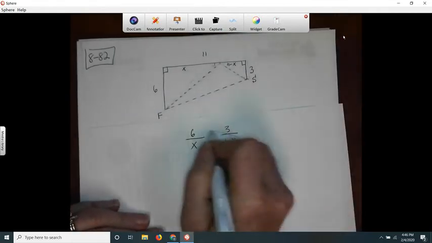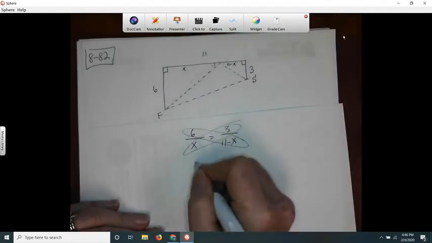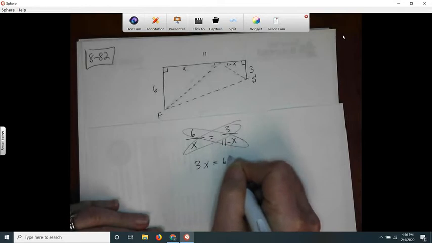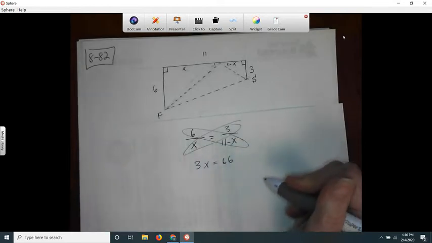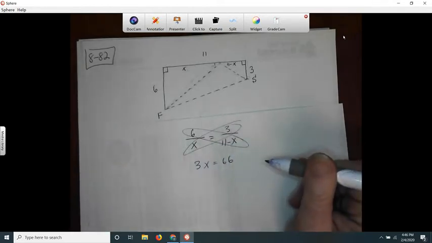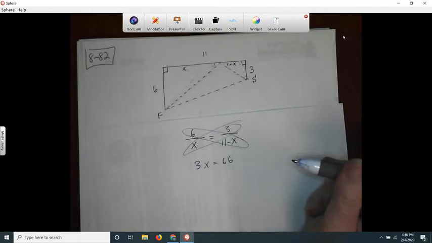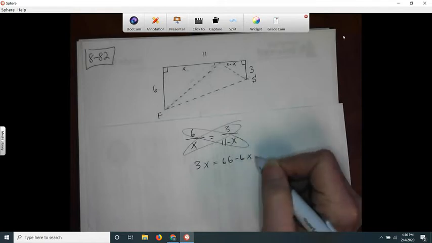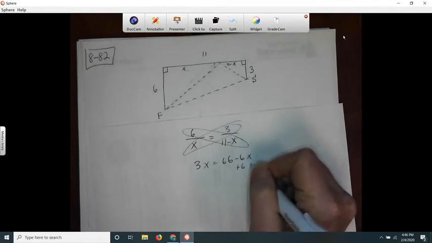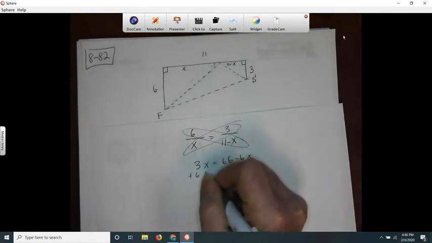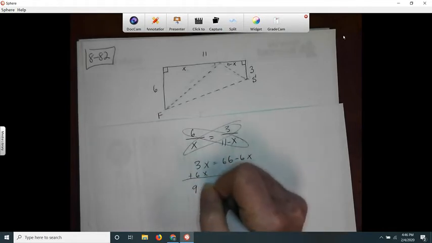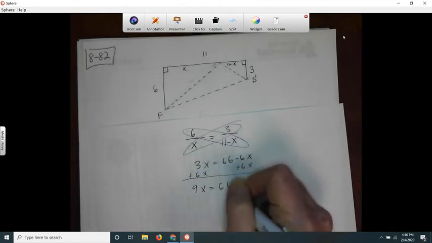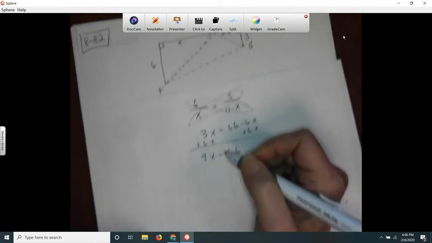So 3x equals 66 minus 6x. If I add 6x, 9x equals 66, divide by 9.